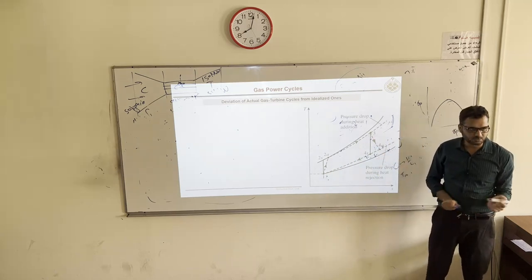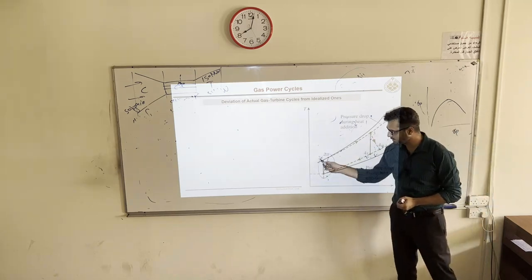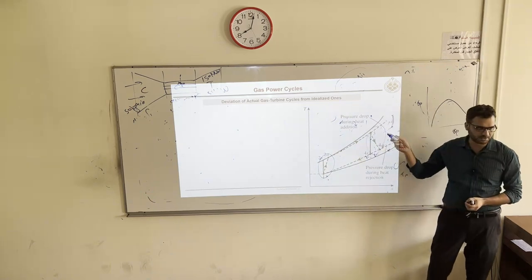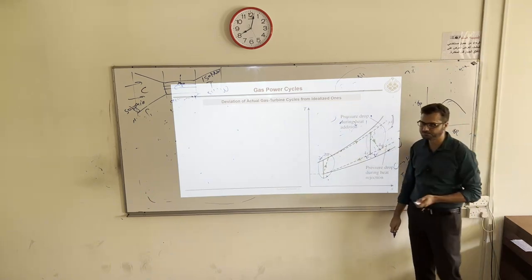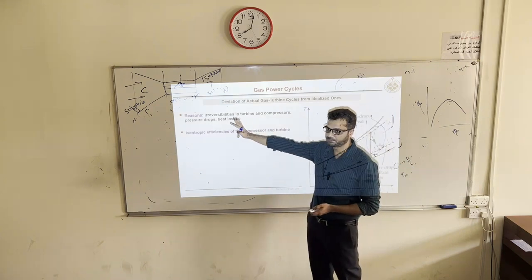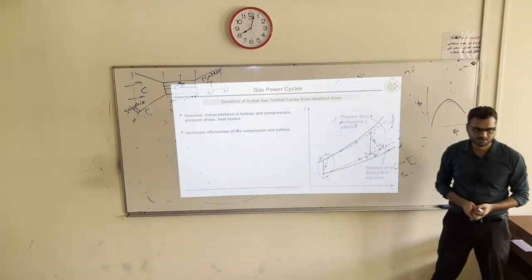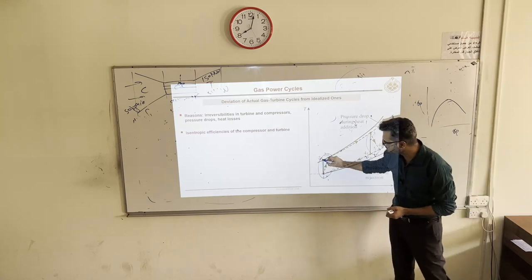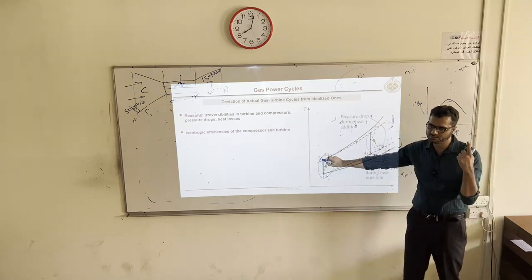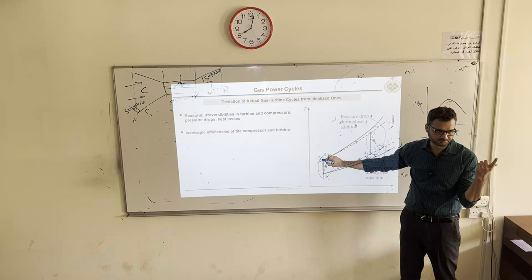So if we do not want to neglect the non-isentropic effects here and here, then we define a term which is called, if you remember from previous chapters, isentropic efficiency. When we say this process is isentropic, it means isentropic efficiency is 1.